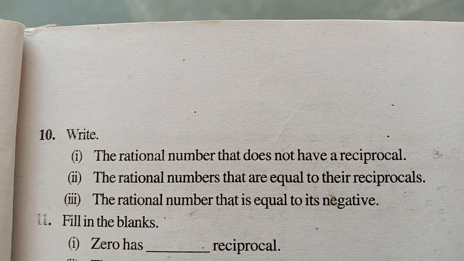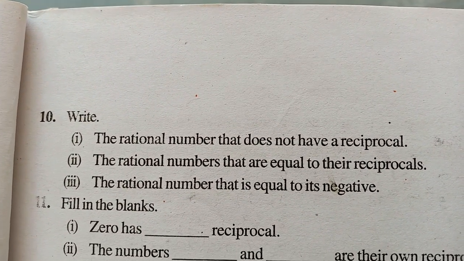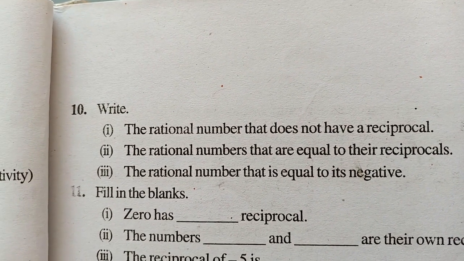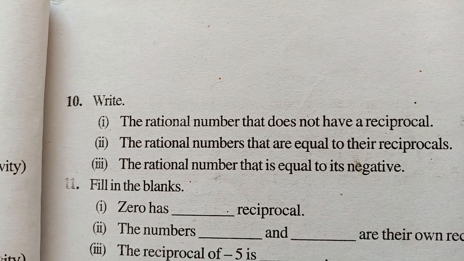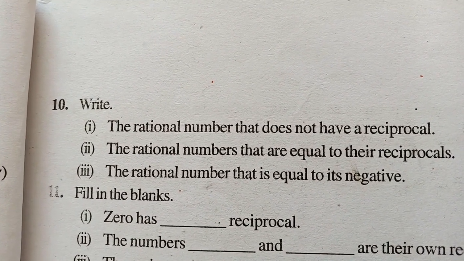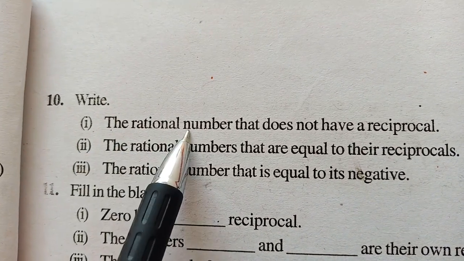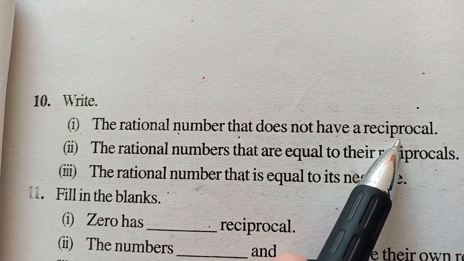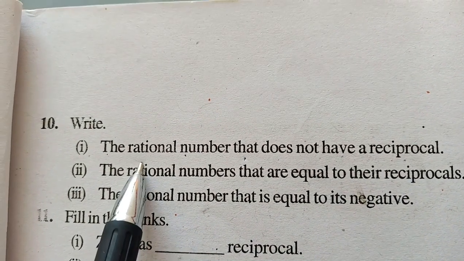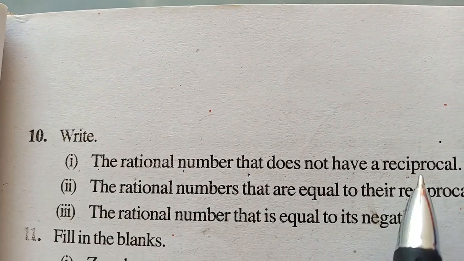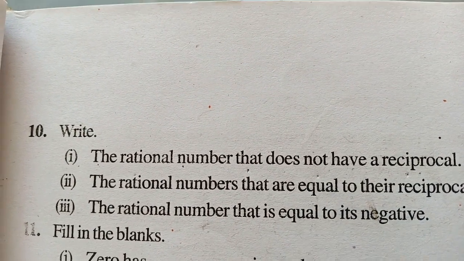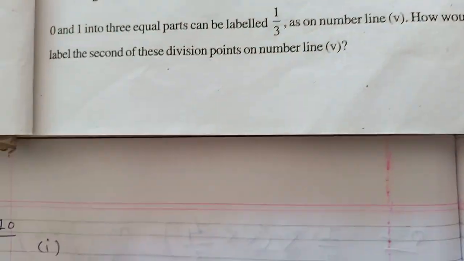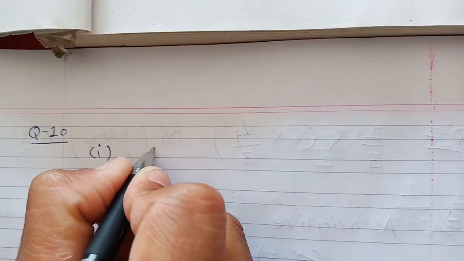Now question number 10. In the first part, the rational number that does not have a reciprocal. Which rational number do we have to write? The rational number that does not have a reciprocal. So we can say there is only one number: 0.